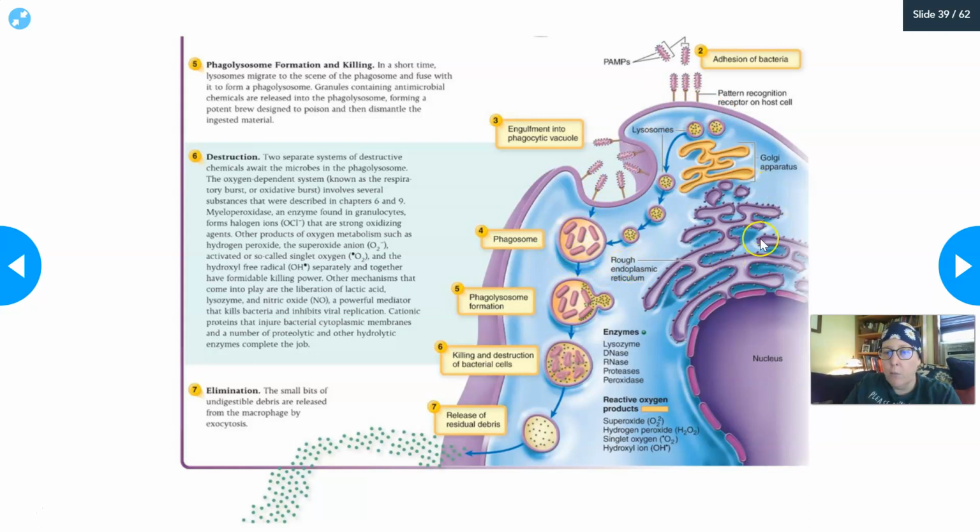And with its genetic material, and this is the endoplasmic reticulum and the Golgi apparatus, which makes proteins, and enzymes are proteins, so it's going to manufacture a bunch of enzymes, and they're going to put them in vacuoles, and those vacuoles are going to merge with the phagosome that has the bacteria, and then you get a phagolysosome formation, and those enzymes are going to kill and destroy the bacterial cells, and then you just have little molecular debris.